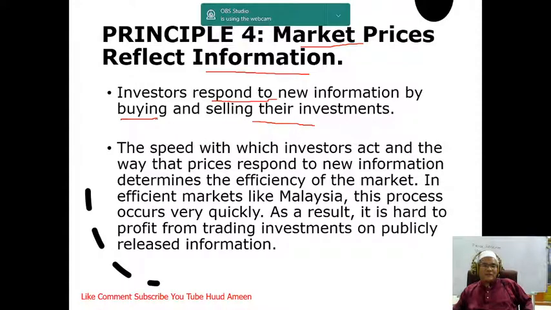And if the company is sued by the court, then the investor will sell the investment. The speed at which investors act and the way that price responds to new information determine the efficiency of the market. In efficient markets, the process occurs very quickly. As a result, it is hard to profit from trading investments on publicly released information.